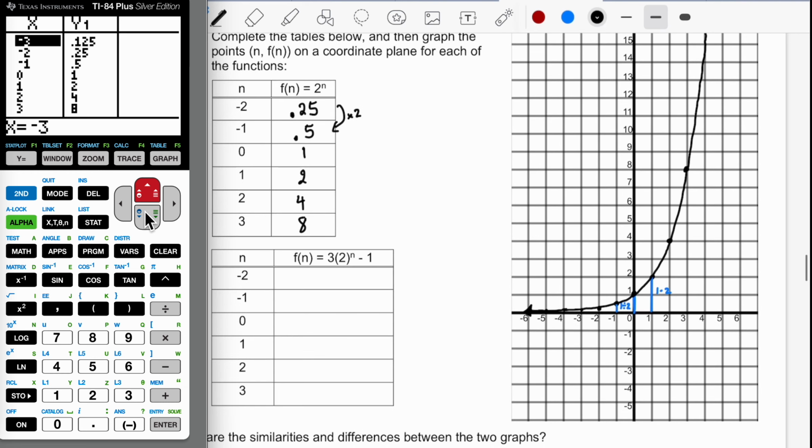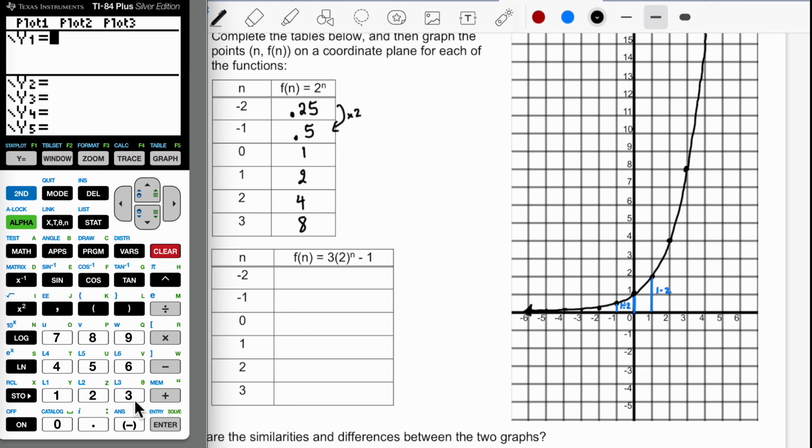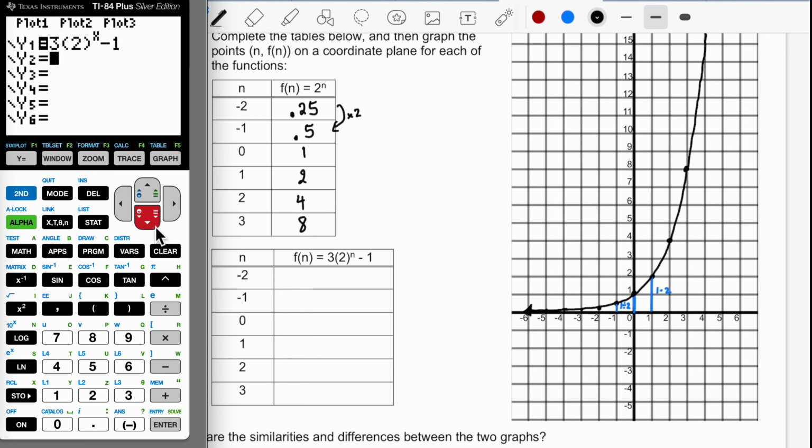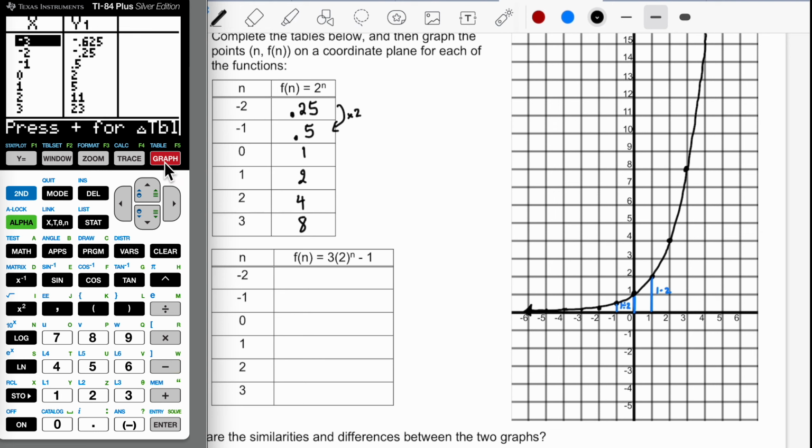So if I go to the table of values in the calculator, I would change this to 3 parentheses 2 to the x power minus 1. Go to the table. I want to start it off at -2, so -2 and -0.25.